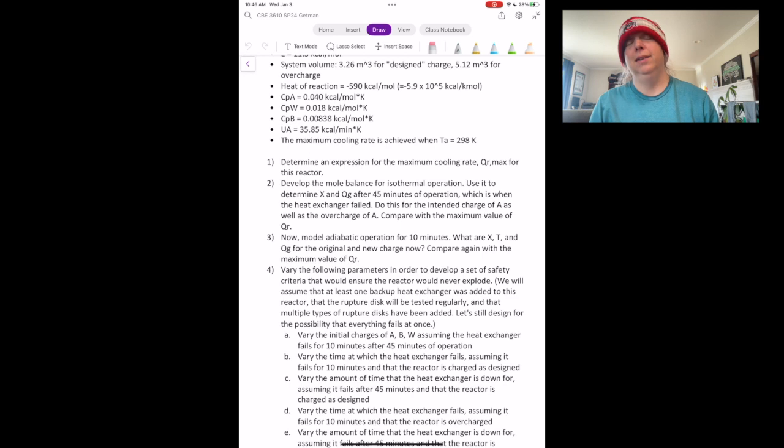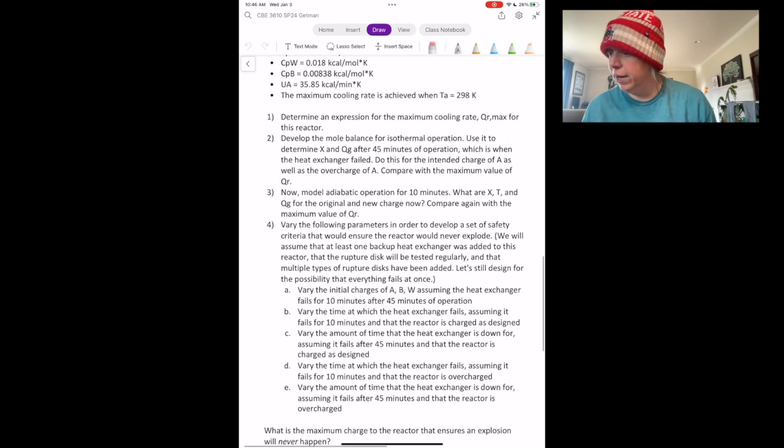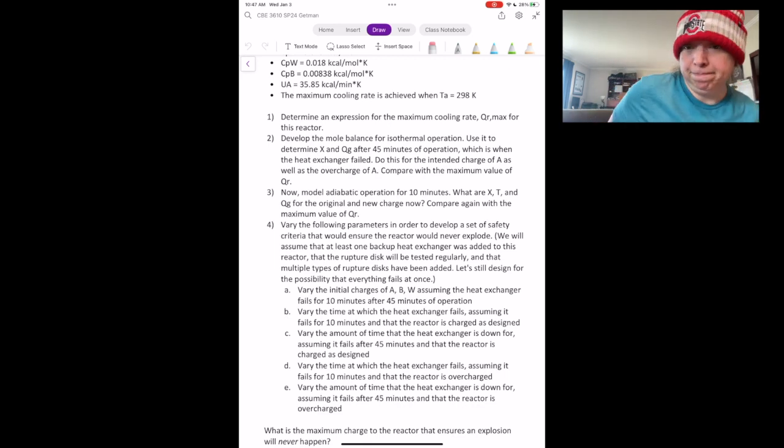So what we want is for QR max to be greater than QG. Okay, so after that, we can model adiabatic operation for 10 minutes, and then we can determine what the values of conversion, temperature, and heat generated are. And again, at that point, we want the scenario where QR max is greater than QG.